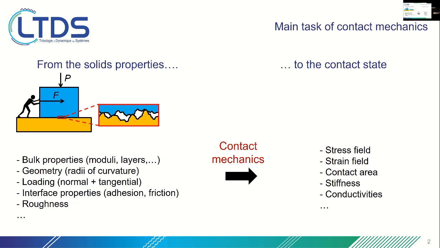Among those properties, we have the bulk properties, for example, the elastic moduli, or the fact that the solids are layered. It's, of course, the macroscopic geometry of the solids, the radius of curvature, essentially, and also the loading, both normal and tangential to the interface, plus some more subtle quantities like interfacial properties, how much adhesion, how much friction, and of course the roughness, the micro roughness that we can have.